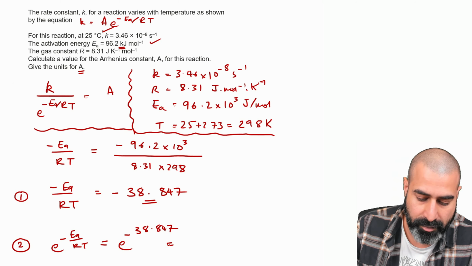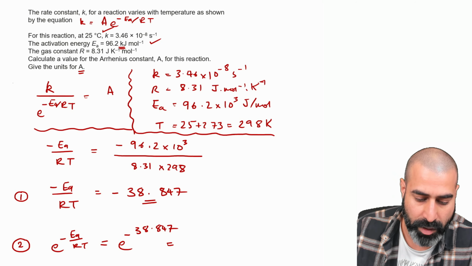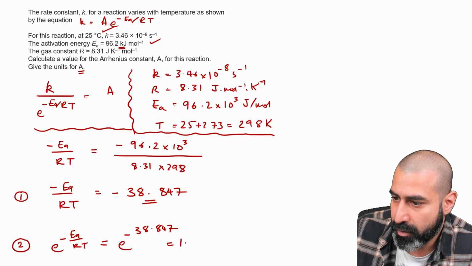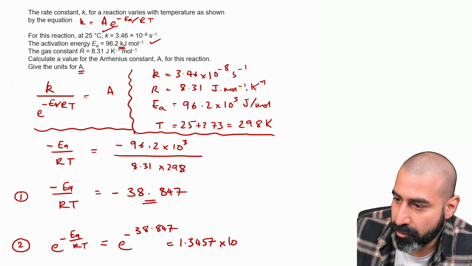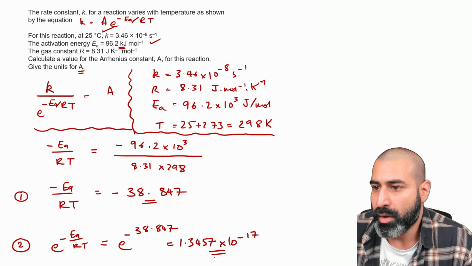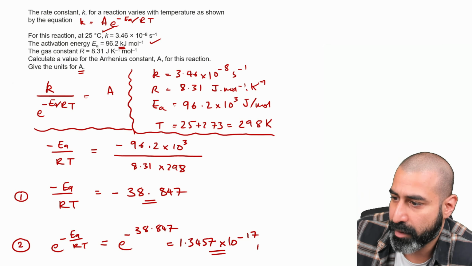So shift, base e to the power of that one that you just worked out, gives me 1.3457 times 10 to the minus 17. Cool. Where are we? That's going to have no units, by the way.